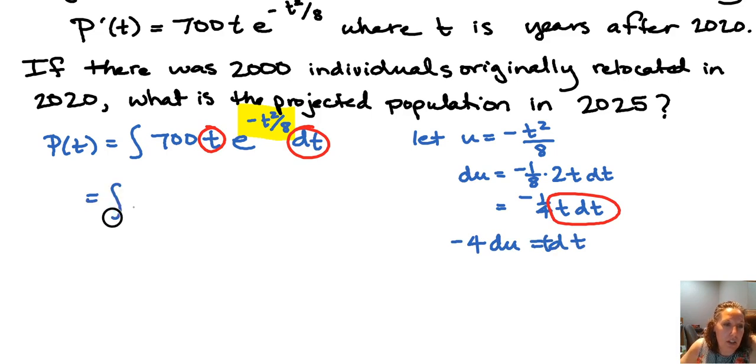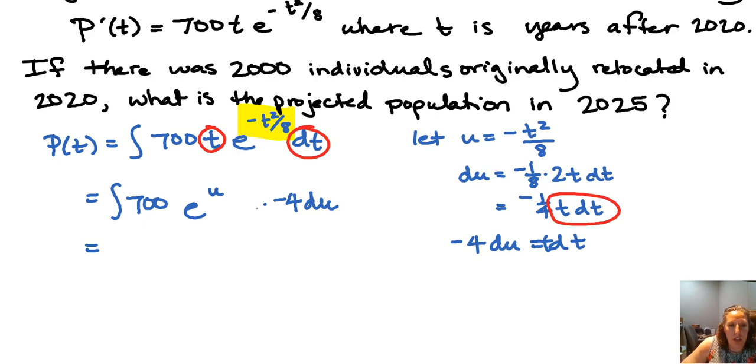So if we plug in our substitution here, we didn't do anything with that 700, it's out there at front. That t dt is what we plugged in, negative 4 times du, and then in the middle we've got our exponential e raised to what we called our u.